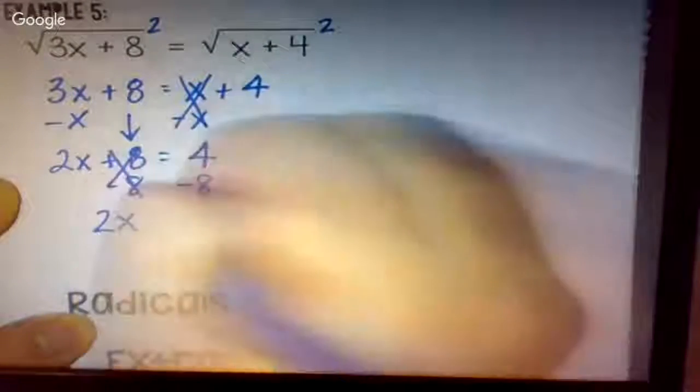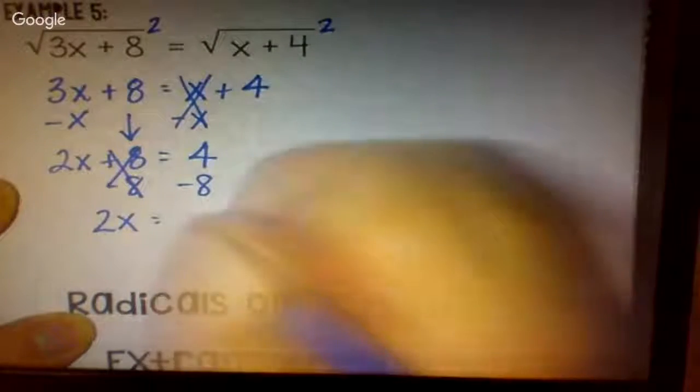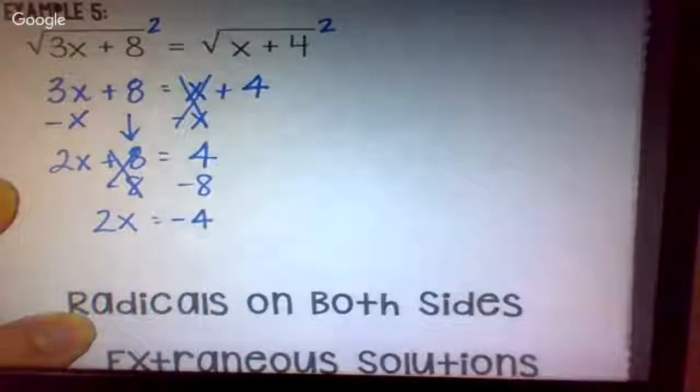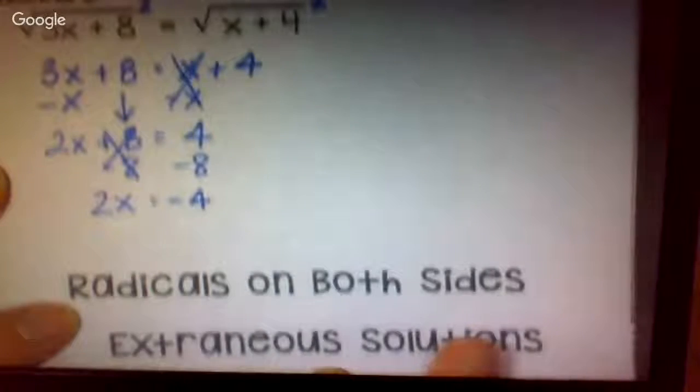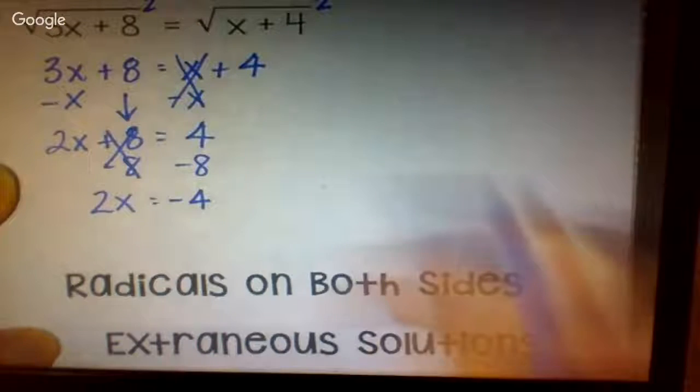So we get 2x on the left because these cancel, equals what's 4 minus 8? Negative 4. My last step then to isolate x is to divide by 2. So x equals negative 2.